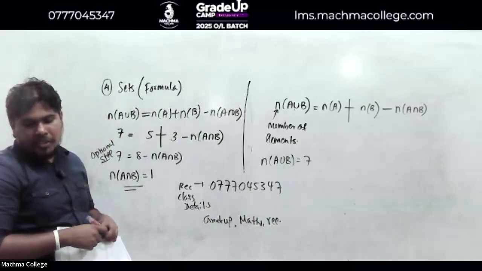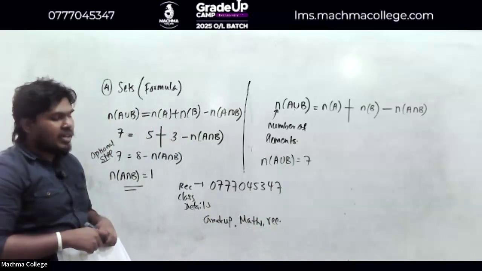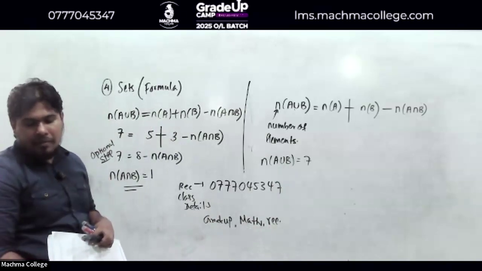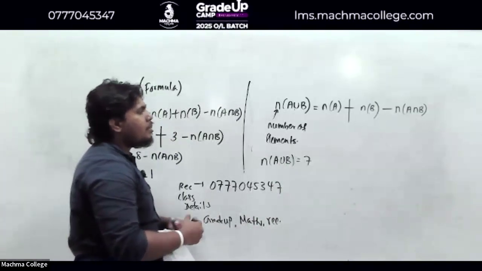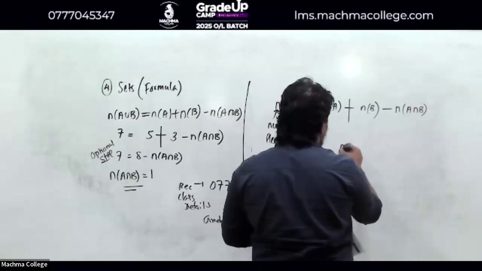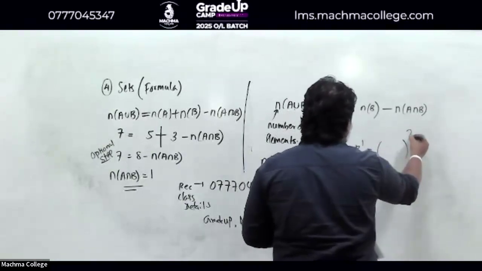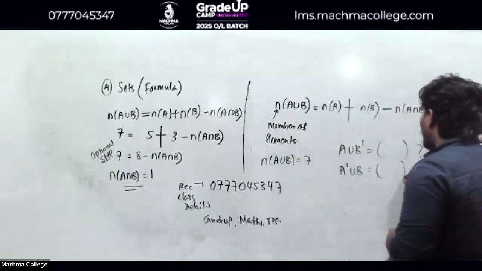Azhar, for your question, I will be putting a question related to that one in our next paper. However, A complement union B or A union B complement, there's a question asking how to do this one with the brackets.